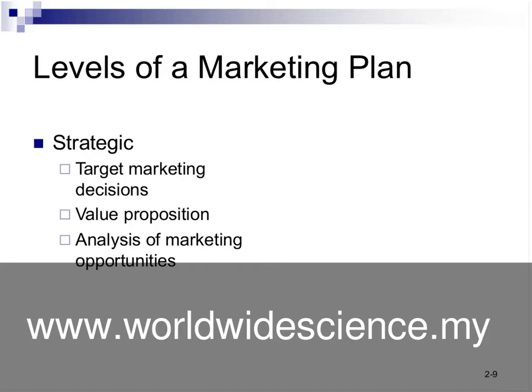First, you target a market and you make decisions according to the target market and make sure you reach that target market. Second of all, you make sure that you have some value to propose to the market, and you know what your values are, and you can communicate it to the market. And then analyze the marketing opportunities. What are the opportunities out there that you can use in order to communicate your values to the customers?